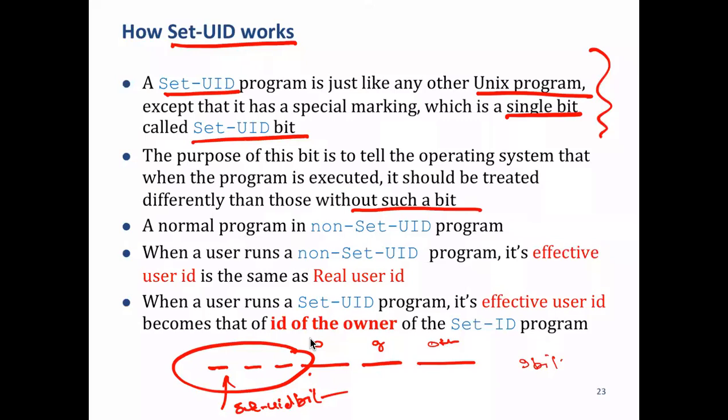A normal program is a non-set UID program, so the effective user ID is the same as the real user ID. When a user runs a set user ID program, then the effective user ID becomes that of the owner of that program. See, I am a user process. I am running a program, say the change password program, but I am not the owner of that.